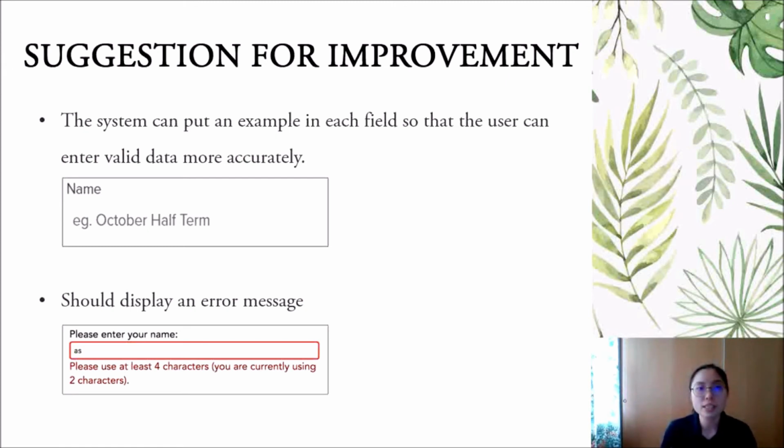In my opinion, this system can be improved by putting an example in each field so that the user can enter valid data more accurately, and in addition, provide an error message when the user enters invalid data so that the user can know that invalid data is filled in that field.